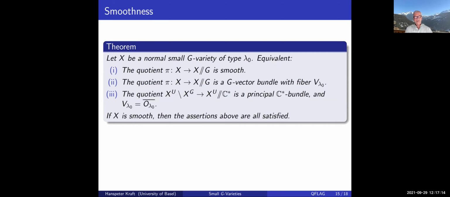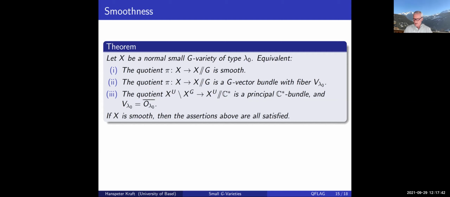Finally, if X itself is smooth, then the above assertions are all satisfied. So you see the smoothness for a normal one. I couldn't remove normal, so I need normal a priori. Quotient smooth, quotient being a vector bundle, and the quotient with respect to U being a principal bundle are all the same statements. And a smooth one satisfies this.